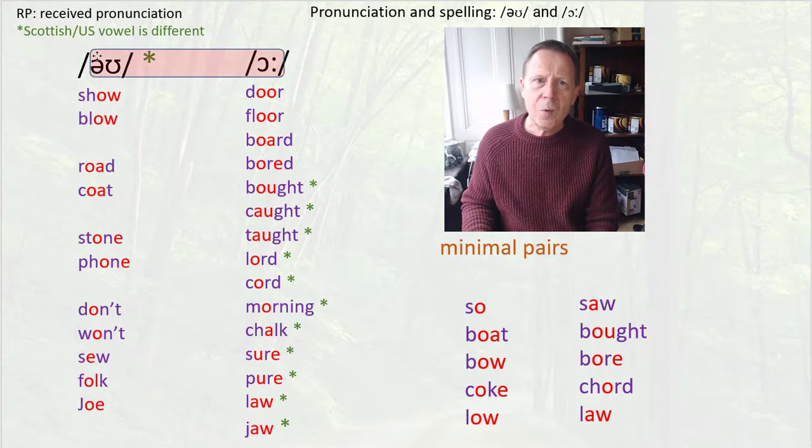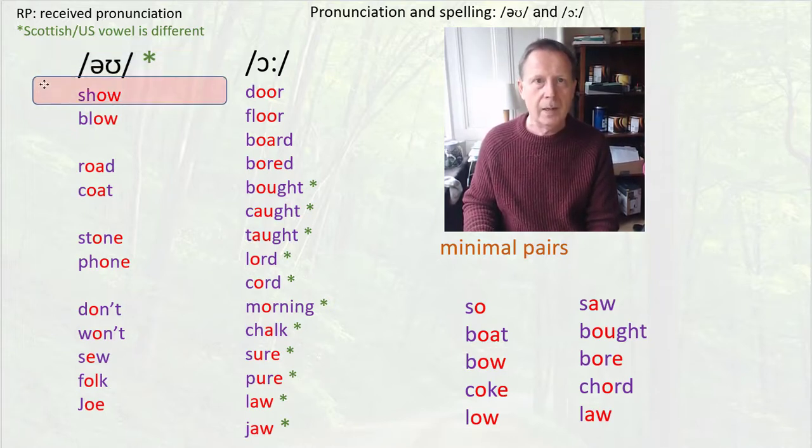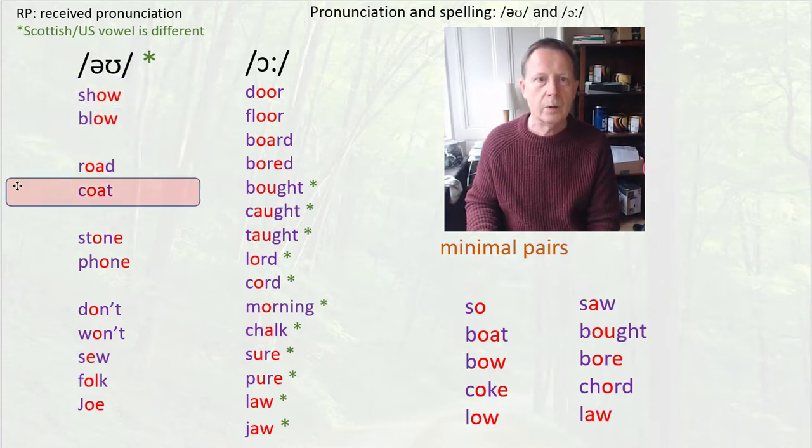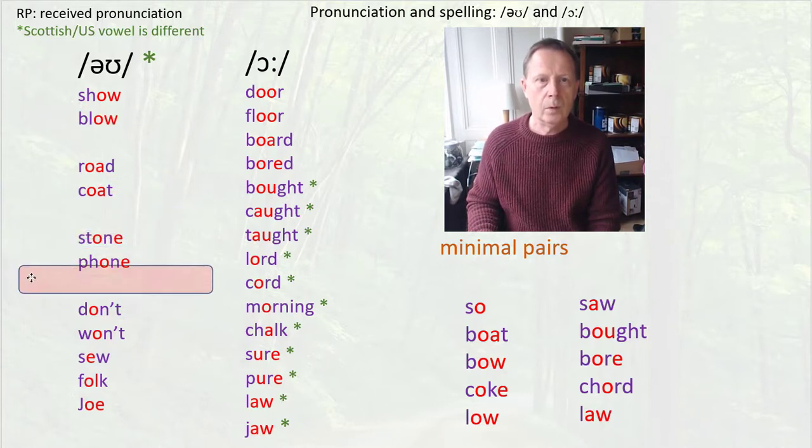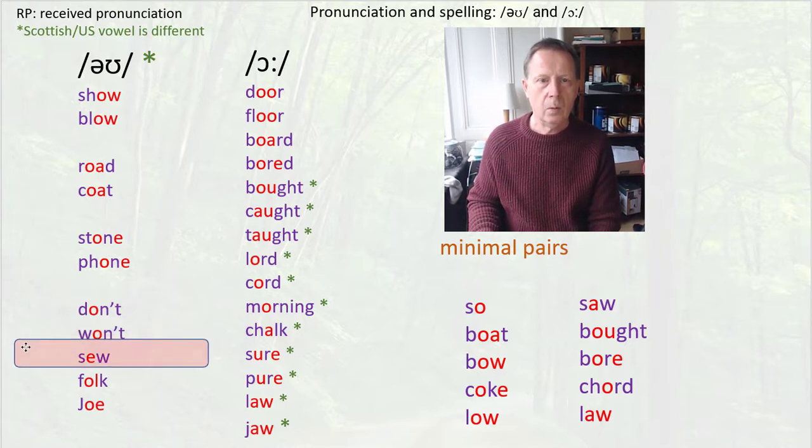But since this one is used in many English teaching course books, I'll start with RP pronunciation. Here we have, for example, O, as in show, blow, road, coat, stone, phone, don't, won't, so, folk, Joe.